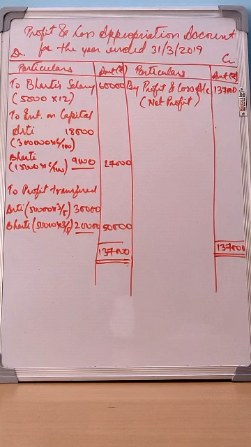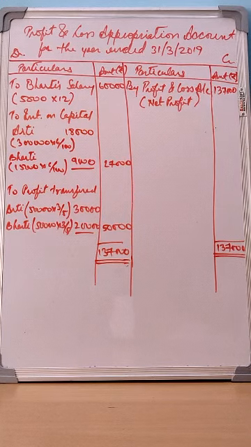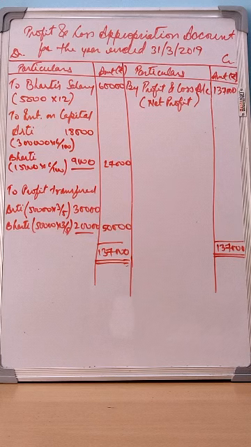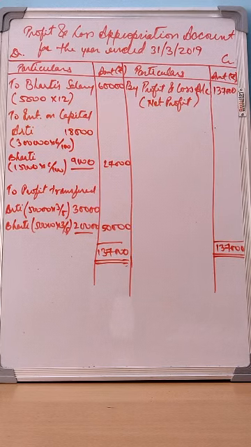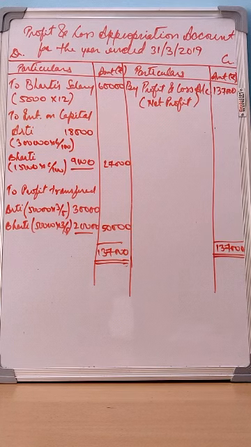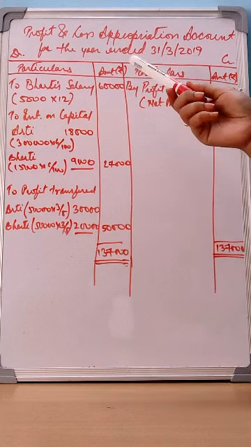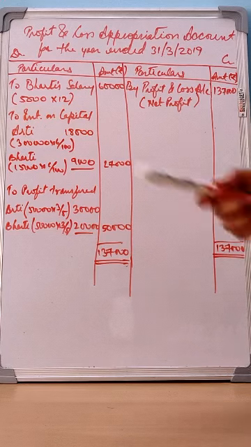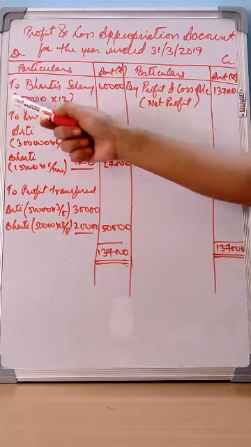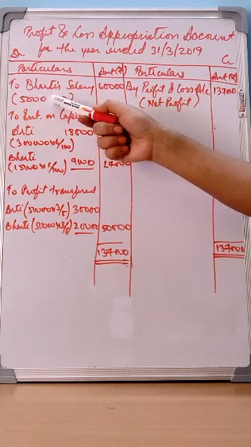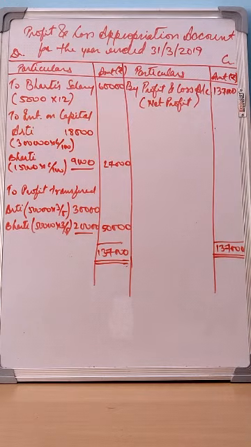The last adjustment, number 4, says Bharti is to be allowed a salary of rupees 5,000 per month. There are two partners, Aarti and Bharti, but only Bharti will be getting a salary. So Bharti's salary is 5,000 into 12, which equals 60,000.